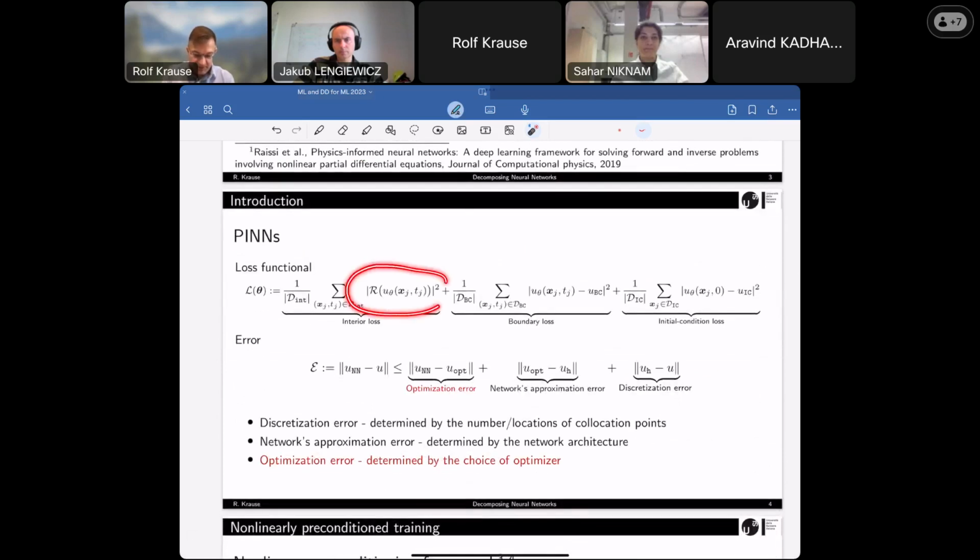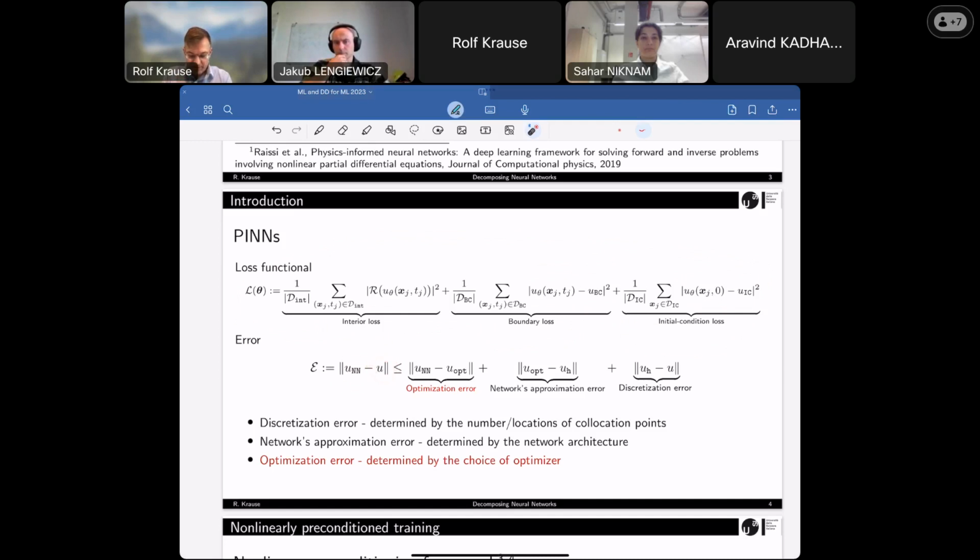Okay, the loss functional is quite clear. You take the residual of your PDE. You take the error in boundary conditions. You take the error in initial conditions. You could think about taking a different norm than the Euclidean norm here, but that's what we do. So you approximate your operator, your boundary values, and your initial conditions. And then you can look at the error between the approximation provided by the neural network and the function you know is a solution of this PDE.